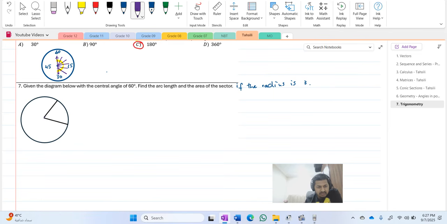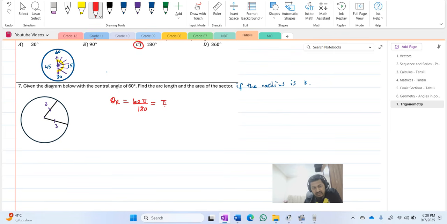I know 60 degrees is 180 degrees divided by 3. So theta in radians is theta in degrees, 60, times pi over 180. That's the formula. Now 60 divided by 180 is 1/3, so pi over 3 is the radian measure for the central angle.